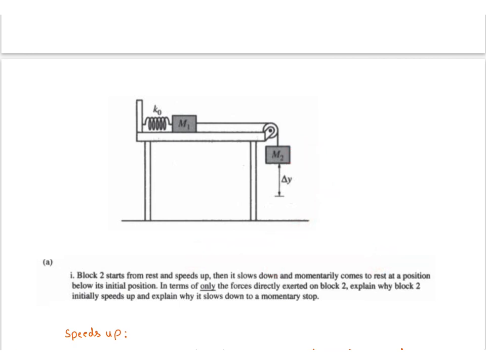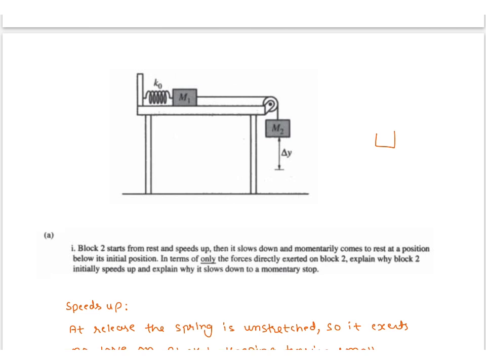In terms of only forces directly exerted on block 2, explain why block 2 initially speeds up and why it slows down. So we have to explain why it speeds up and then slows down, finally coming to rest. So if you draw the free body diagram of M2, I can say two forces are acting on this block.